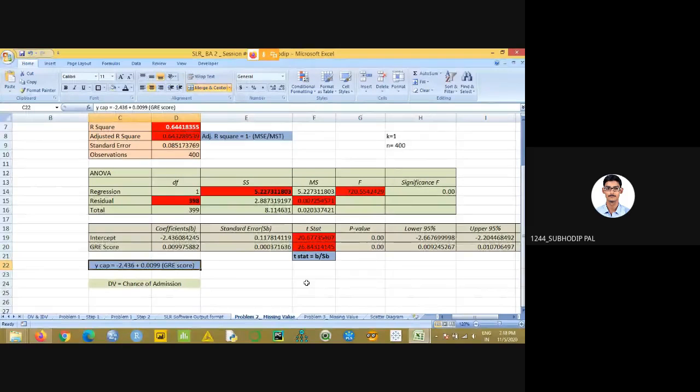Is it clear, everyone? Clear, everyone? Yeah, sure. This is how you have to interpret the regression equation.